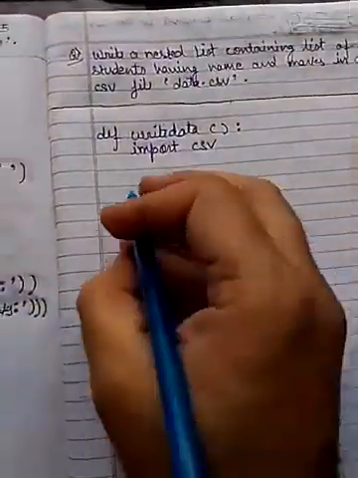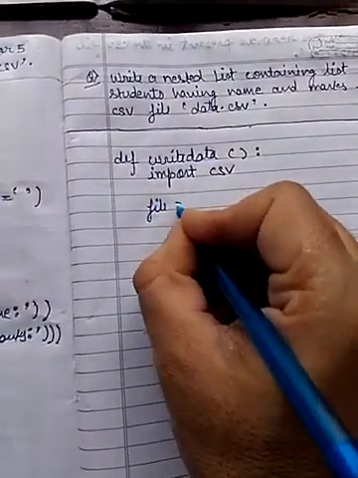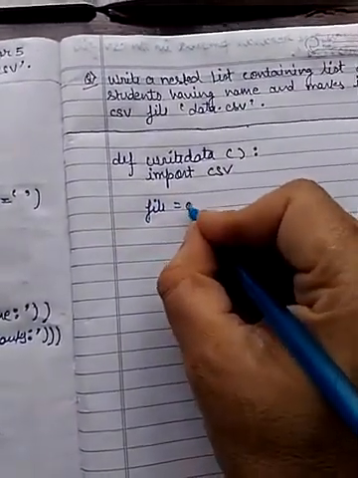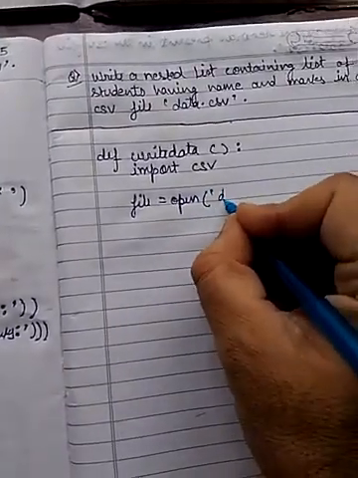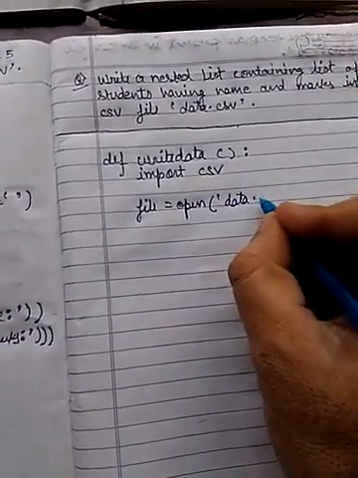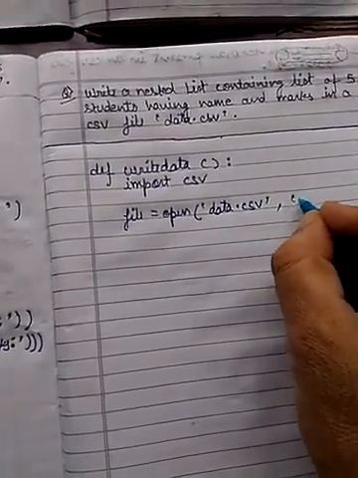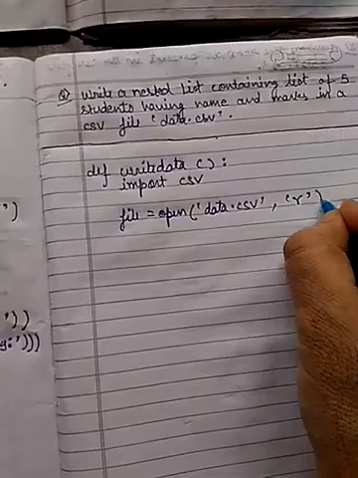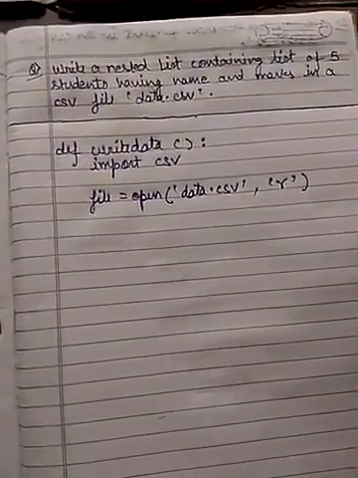To open the file we are writing file = open, in brackets the name of the file, data.csv. We are opening it for writing purpose, that's why the w mode is written here. Now we have opened the file.